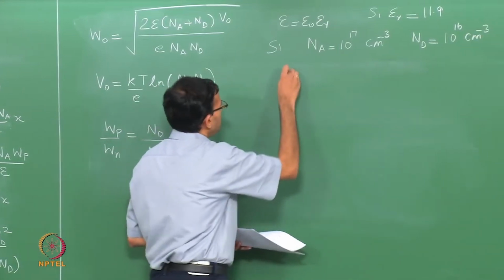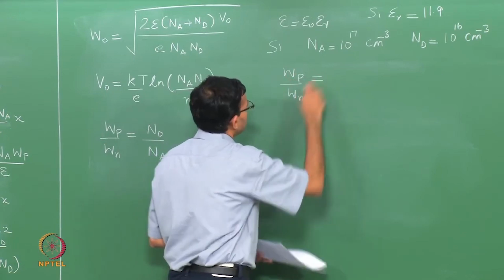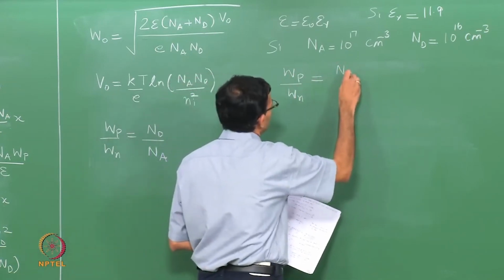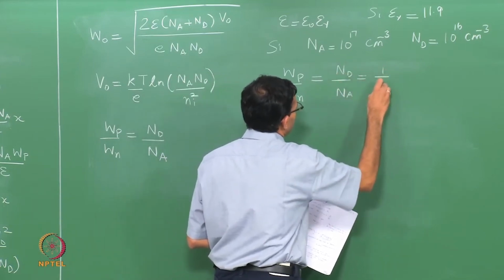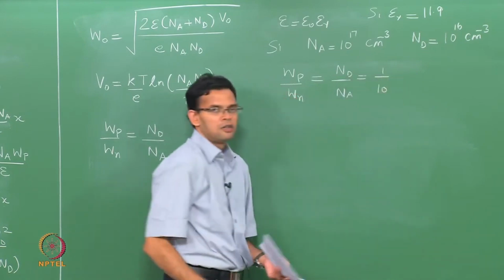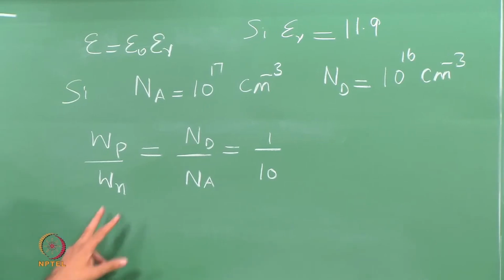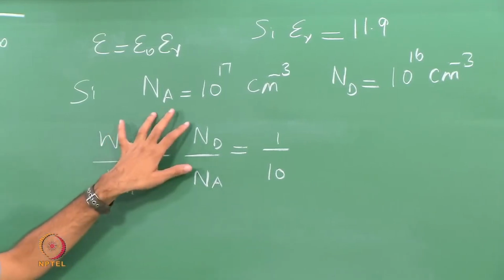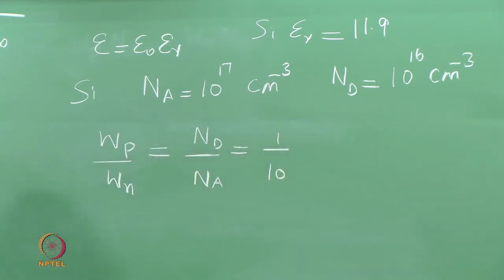So, Wp over Wn is nothing but Nd over Na, which is 1 over 10. So, the width of the depletion region in the P side is 10 times smaller than that of the N side, and that is because the concentration of acceptors is 10 times more than the concentration of donors.